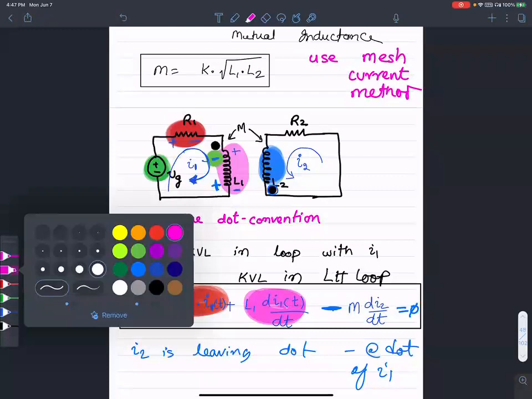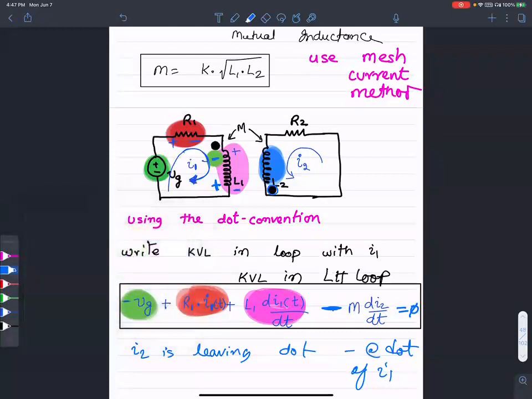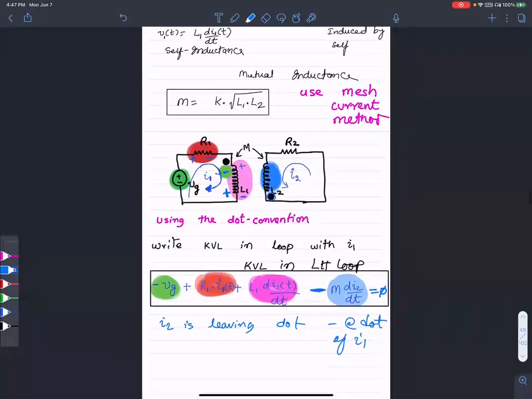And then, of course, the only thing that we want to remember is that this blue inductance is coming from I2. You see, there's an I2 component in here. That's the mutual inductance coming from the other loop. That's the intuition that we want to remember.